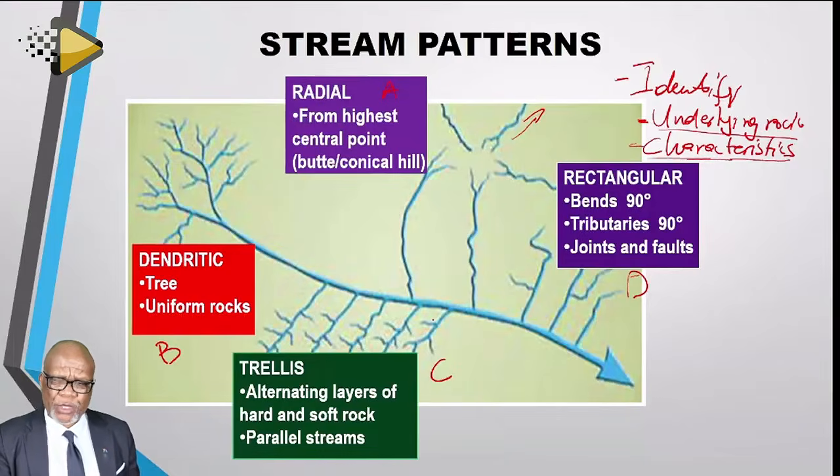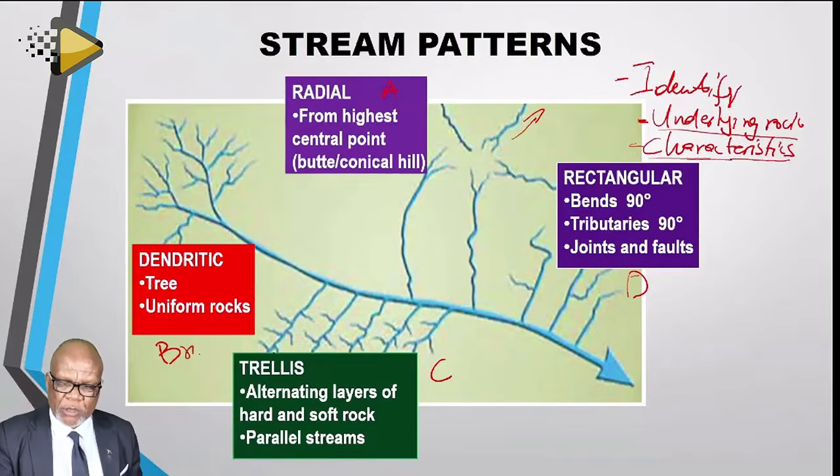Besides knowing that it is dendritic, you must know dendritic is found where rocks have uniform resistance to erosion, and it does not look like a tree. It looks like the branches of a tree, not like a tree itself. And then the trellis pattern: the main streams are parallel to each other.